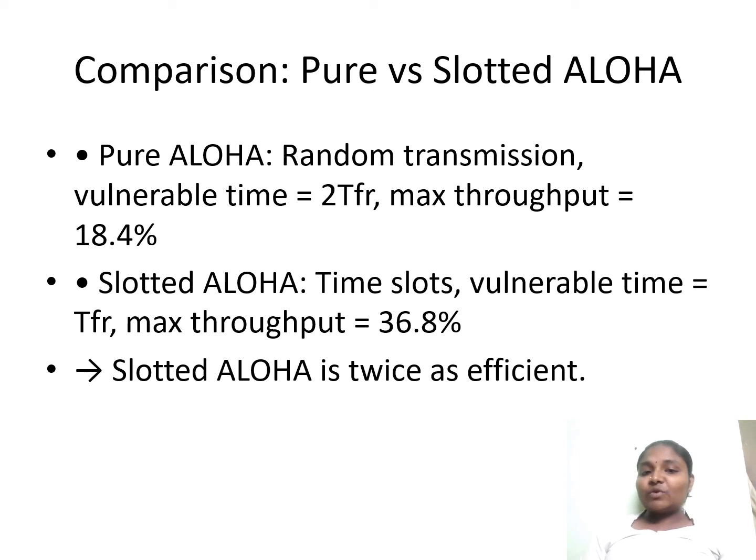The vulnerable time of pure Aloha is 2 TFR, and the vulnerable time of slotted Aloha is TFR. The maximum throughput of pure Aloha is 18.4%, and the maximum throughput of slotted Aloha is 36.8%. Slotted Aloha is twice as efficient as pure Aloha.